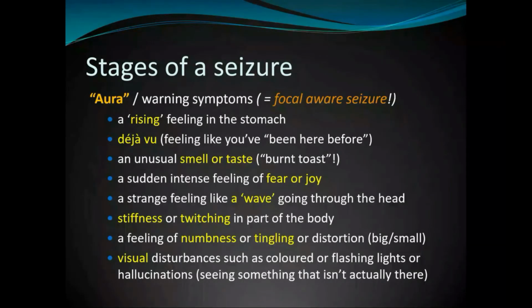Okay, so let's explore a little bit more about stages of seizure. Sometimes people will experience a warning phase or an aura. Oftentimes, though, this is actually a focal aware seizure. But some of the features depend again on the focus, that source of abnormal brain activity.